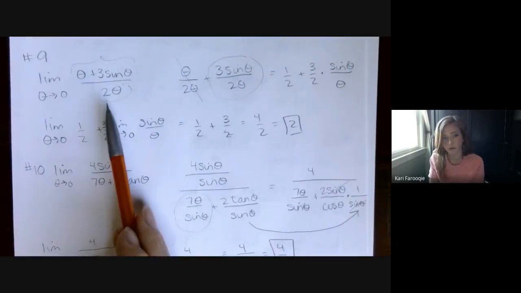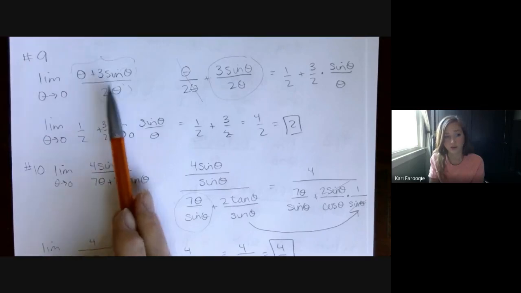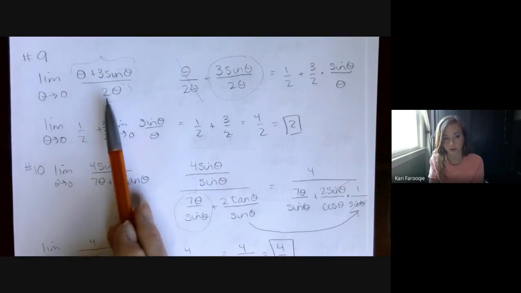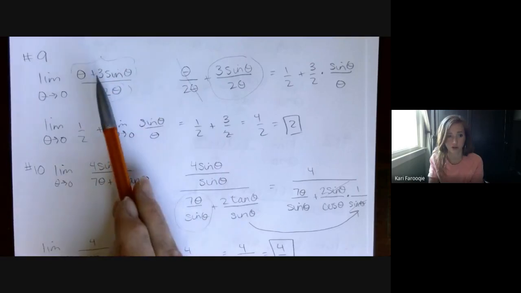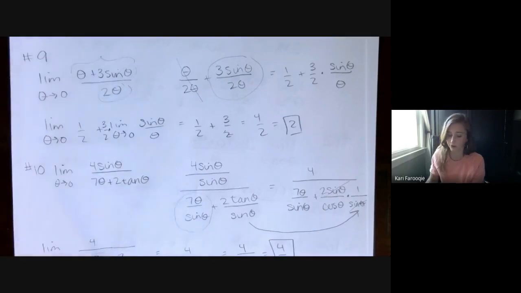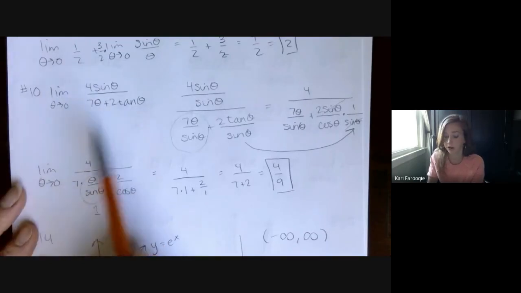If you're not sure what to do, whenever your denominator is just one term, a monomial, it's a good idea to split up your fraction so that each term in your numerator is divided by that denominator. Now, you cannot do that with something like number 10, because in number 10 you have 2 terms in your denominator, not 1. So you can't split this fraction up. Remember, we have to have a common denominator to add and subtract.